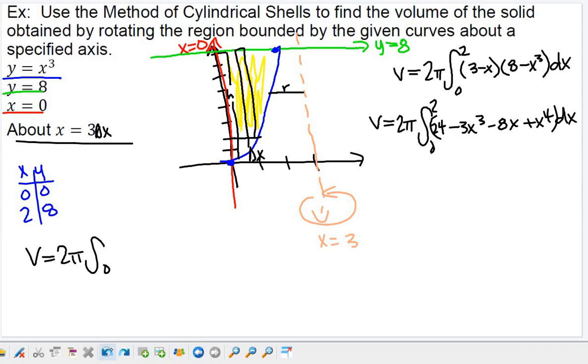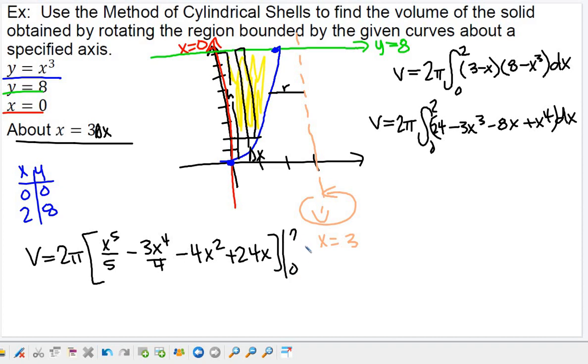Well, we can go ahead and take the integral. So x to the 5th over 5 minus 3x to the 4th over 4 minus 4x squared. So that'll be 8 divided by 2 is 4x squared plus 24x, evaluated from 0 to 2.